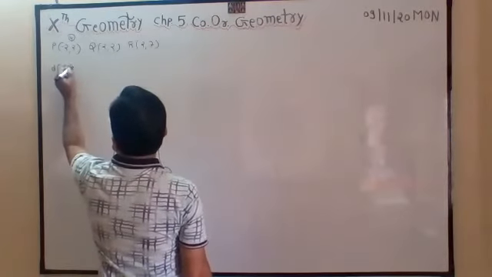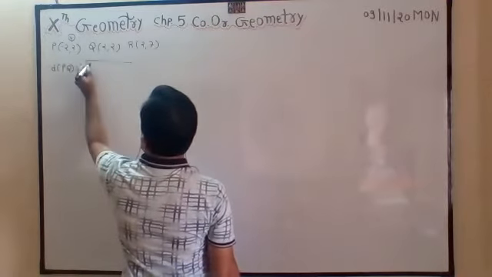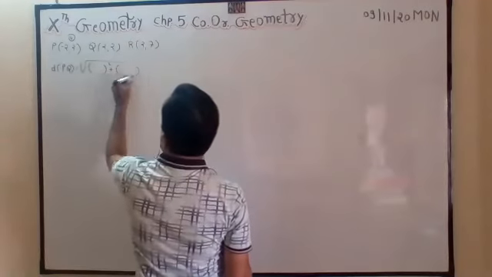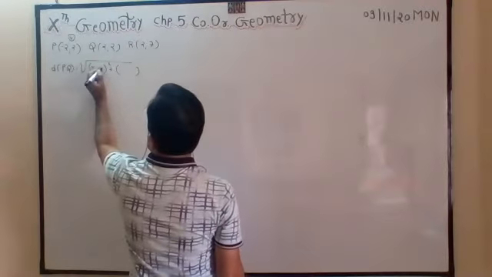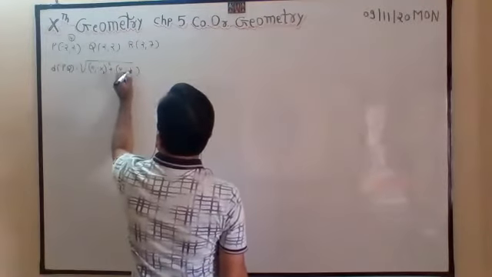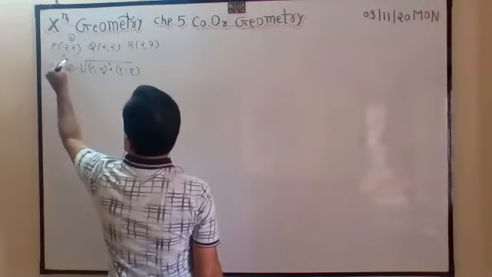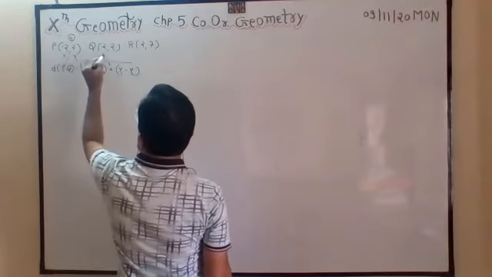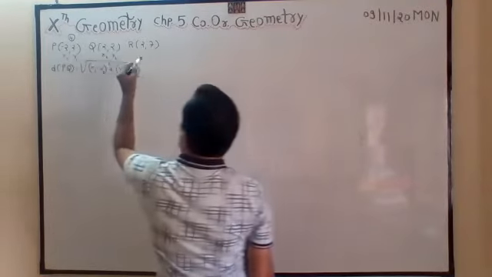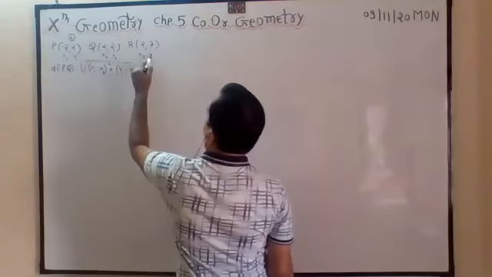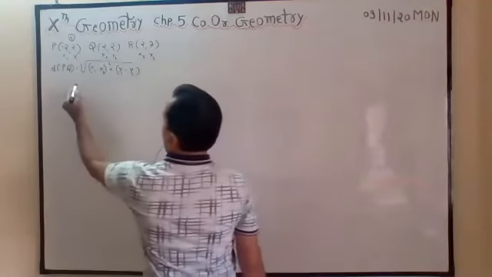Distance PQ is equal to the square root of (x1 minus x2) squared plus (y1 minus y2) squared. This is your x1, y1, x2, y2, x3, y3.